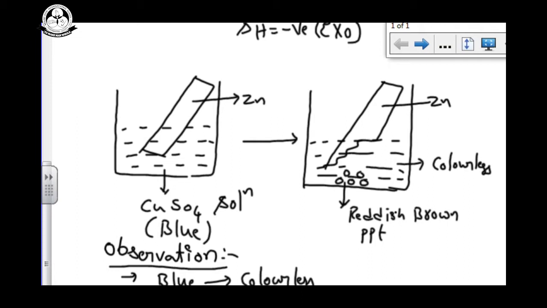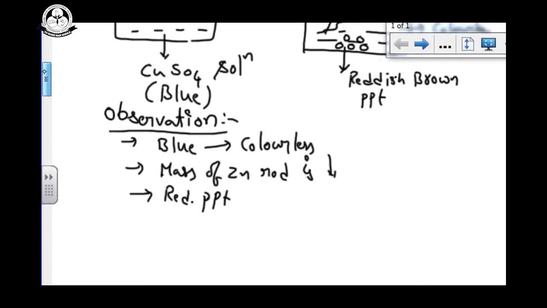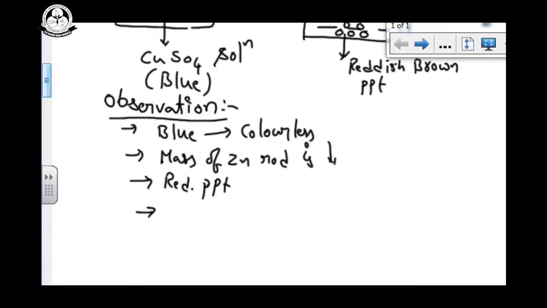And here we observe a red color precipitate. We can observe one more: the temperature also increases. So these are the major observations we are observing.